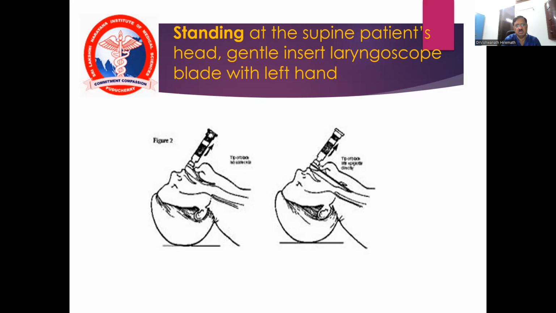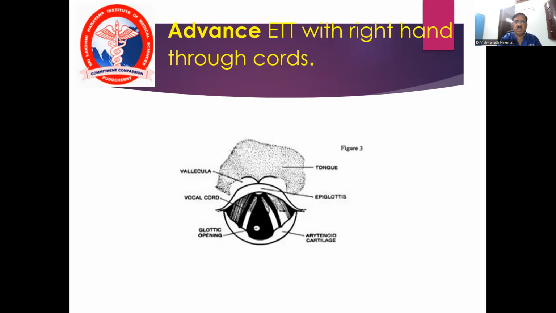Advance the endotracheal tube with the right hand through the cords. See the tongue, epiglottis, the junction is the vallecula.